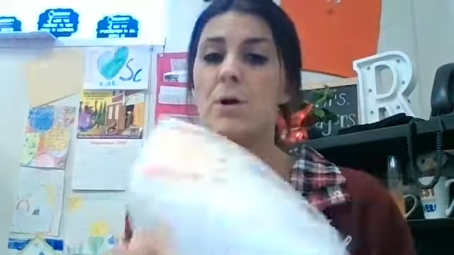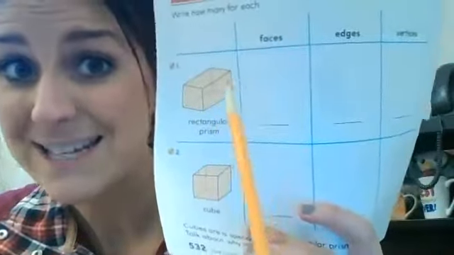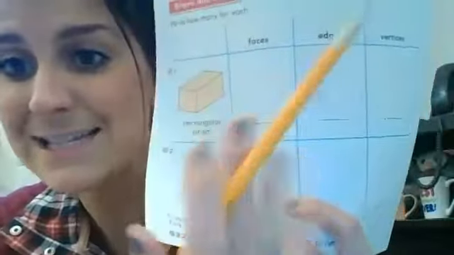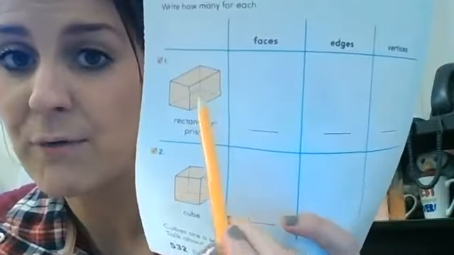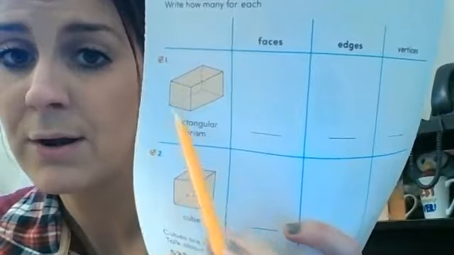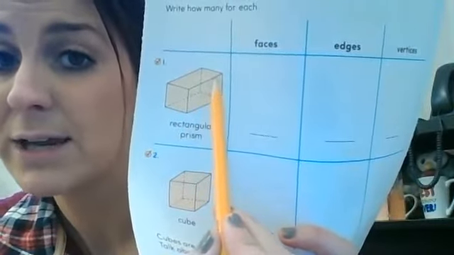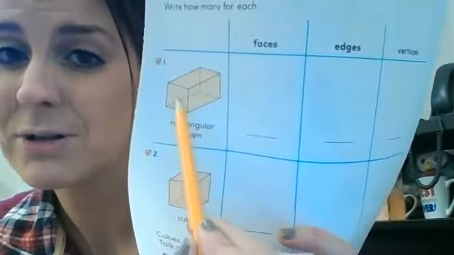On this rectangular prism, we're looking at our faces, the flat sides of the shape. So you have 1, 2, 3 back here, and then 4 on the bottom. And then one side over here, that's 5. The other side, which is 6. So a rectangular prism has 6 faces.